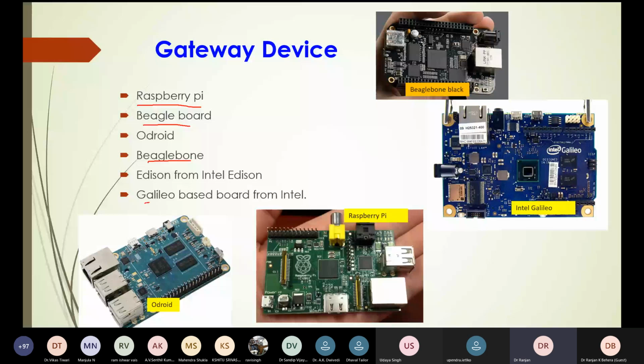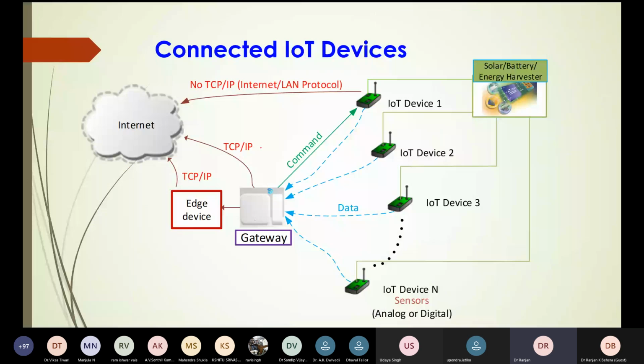These are available in the market, and these small devices have some connectivity. From this gateway, you can directly connect to the internet, and you can have internet protocols such as TCP/IP or LAN protocol.